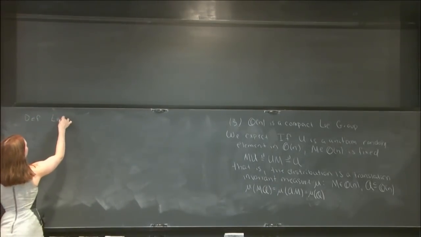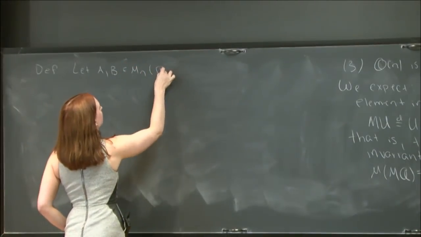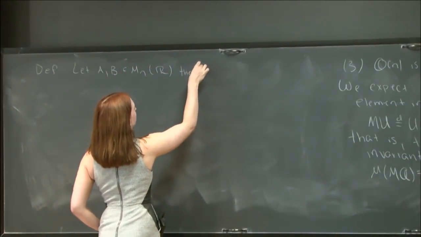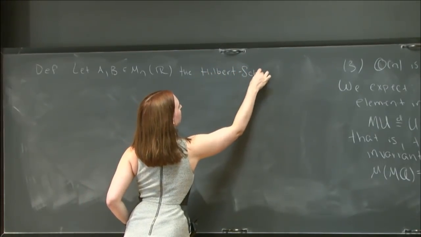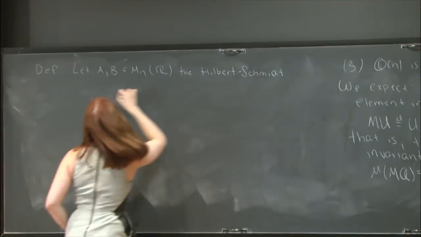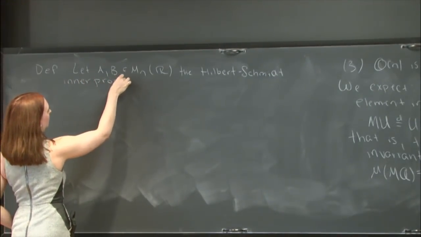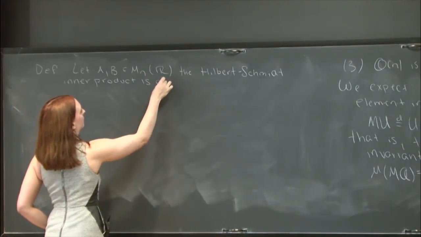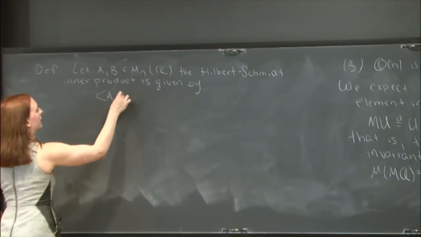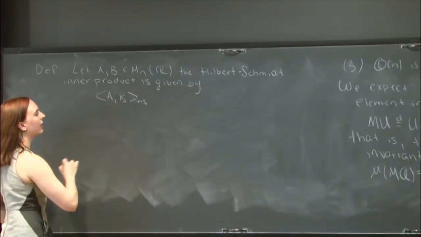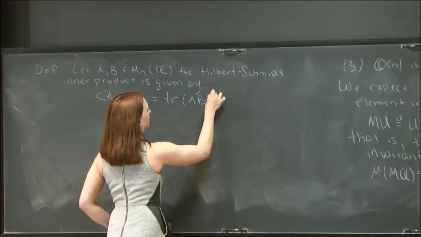So if I take A and B, n by n matrices over R, then the Hilbert-Schmidt inner product is given by the inner product sub HS, and this is equal to the trace of A B transpose.